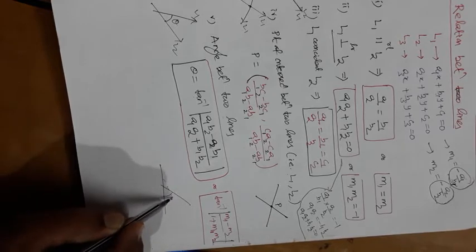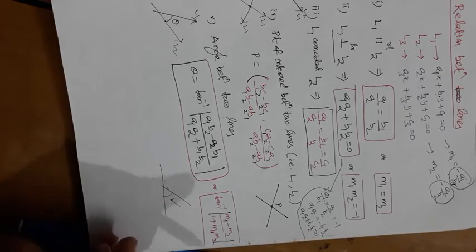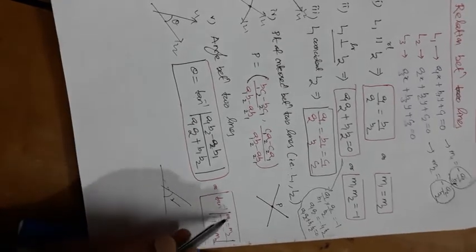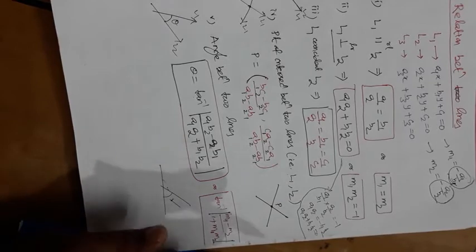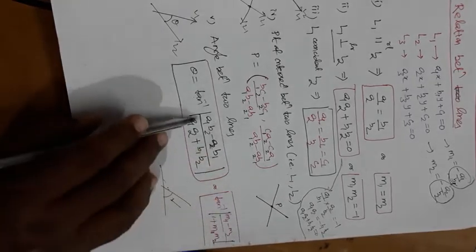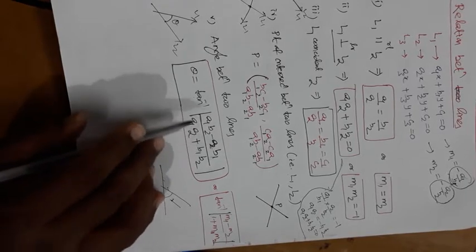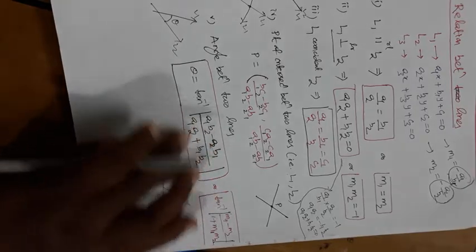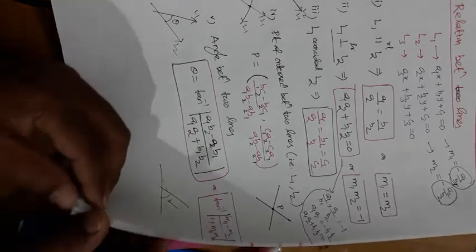So if I tell you just the acute angle, there is no requirement to tell the other angle. So I am taking the modulus part, meaning tan inverse positive, and you will get the acute angle. Okay, so it is tan inverse of a1 b2 minus a2 b1 by a1 a2 plus b1 b2. Okay, now I am going to another point.